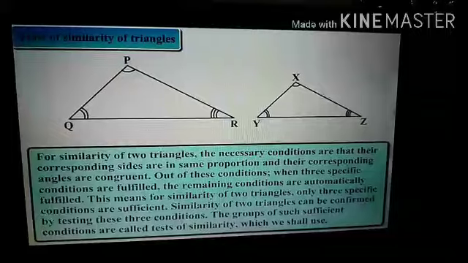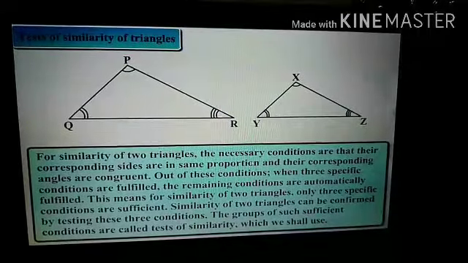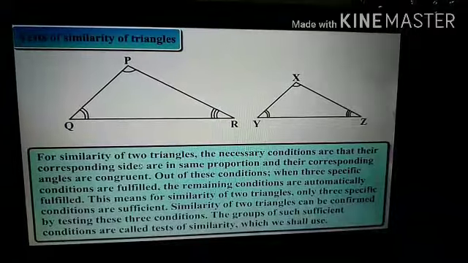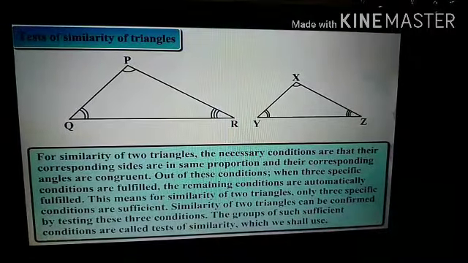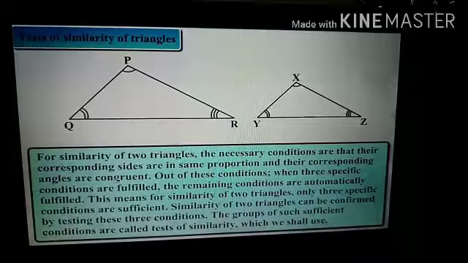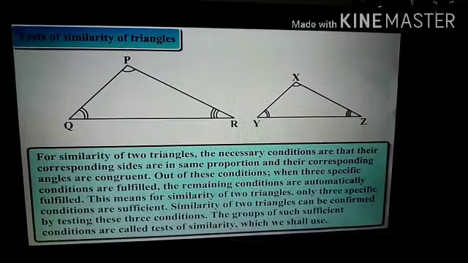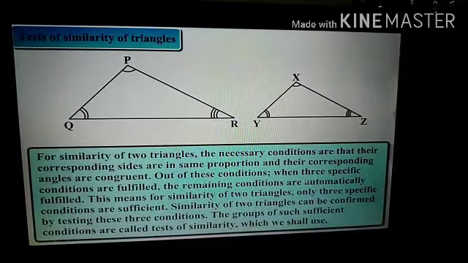So, for similarity of two triangles, the necessary conditions are that their corresponding sides are in the same proportion and their corresponding angles are congruent. Out of these conditions, when certain specific conditions are fulfilled, the remaining conditions are automatically fulfilled.